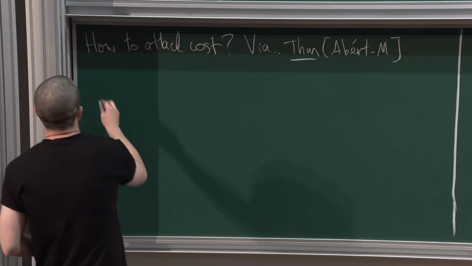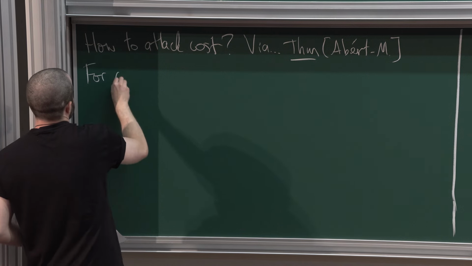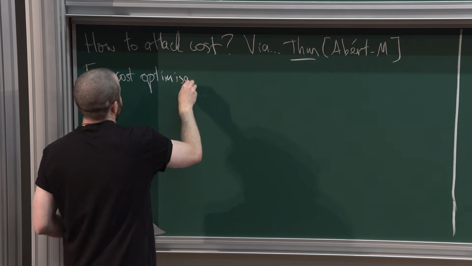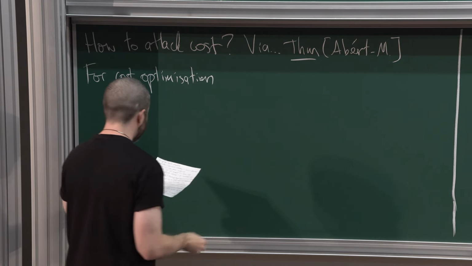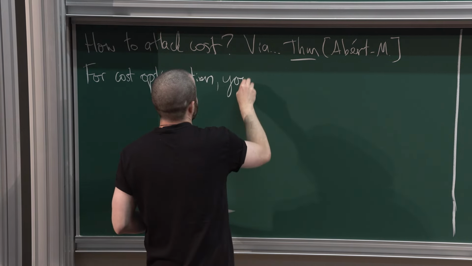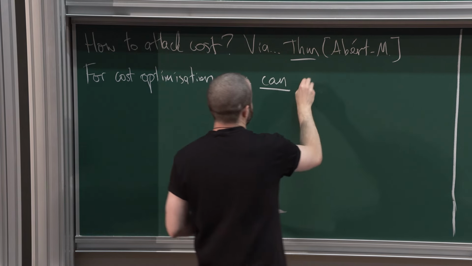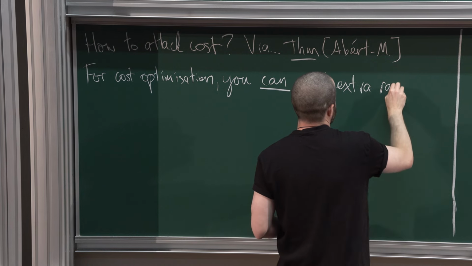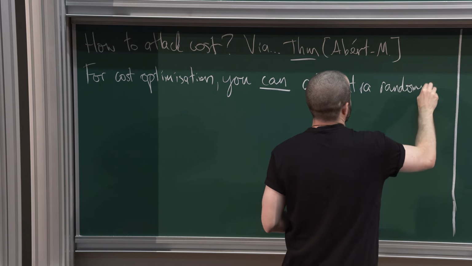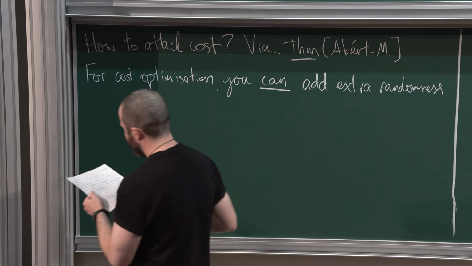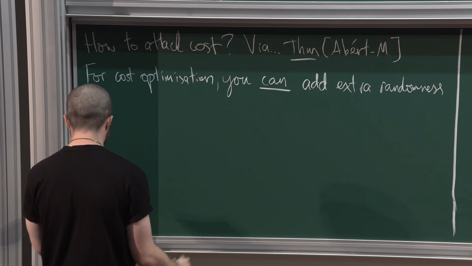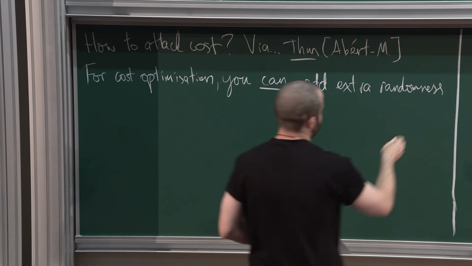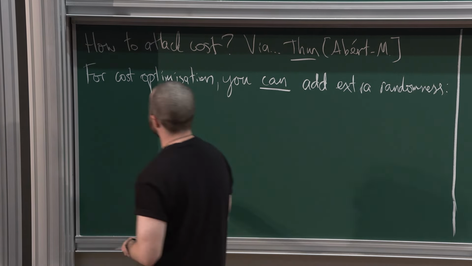For the cost optimization problem, you can add extra randomness, as long as it's of the right type. I'll say a slightly vague statement, and then tell you concretely how we actually use it.